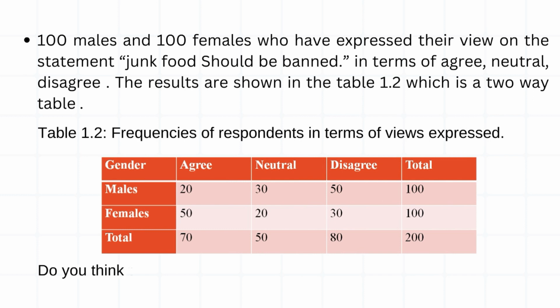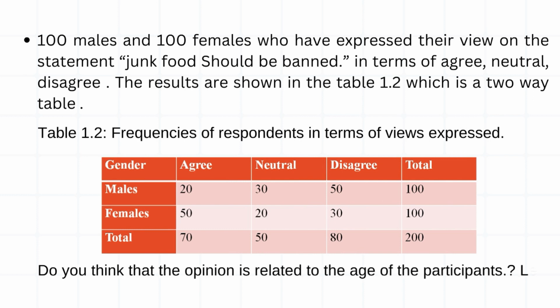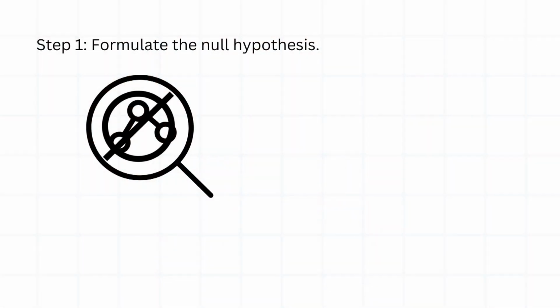So, do you think that the opinion is related to the age of the participants? Let us check it. First, we have to go with step 1, and this is to formulate the null hypothesis.